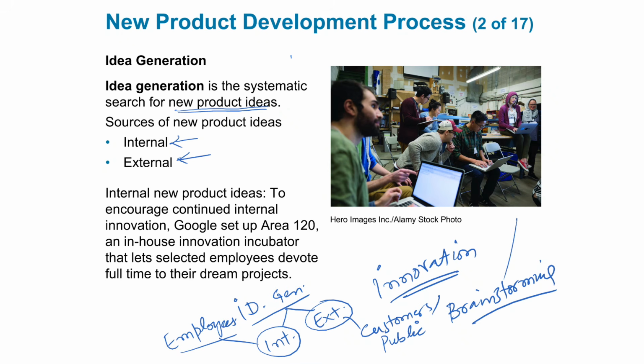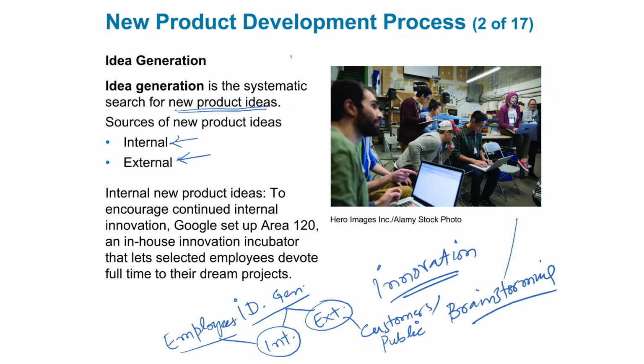But if the company is just a normal consumer product company, mostly food items for instance, then it's not something bad to involve the public or the customers to give you good ideas of the product based on their needs and wants, based on their tastes.